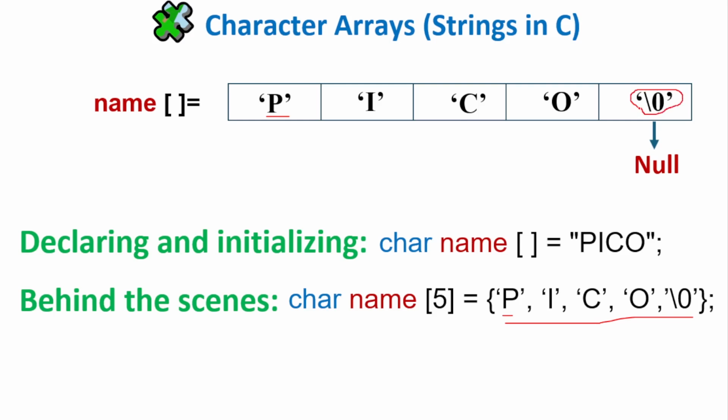Behind the scenes, when we create a character array in C, we're actually building a sequence of characters stored one after another in memory.